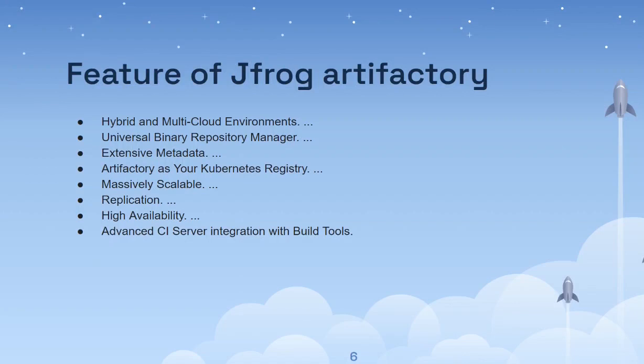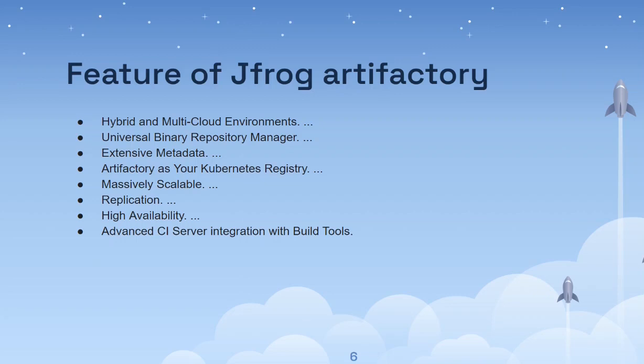So we will learn about the JFrog Artifactory features. It supports hybrid and multi-cloud environments. We can use JFrog in our own infrastructure, on-prem, and we can also host it on the cloud itself. It is a universal binary repository manager, like we have already discussed. Multiple files, like Java, .NET, we can keep at one place. We can put metadata here.